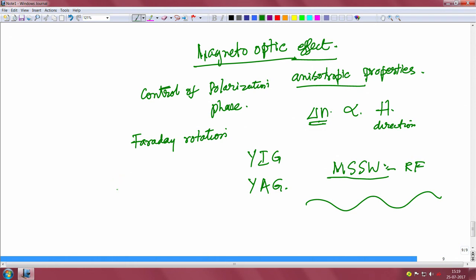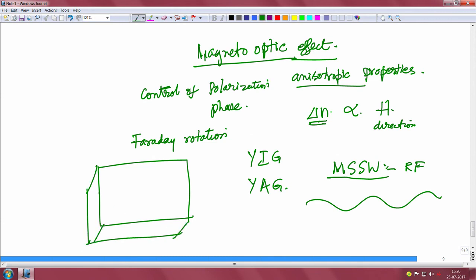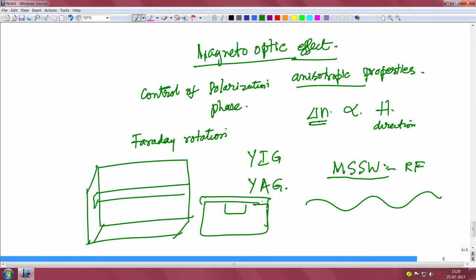Another important way that we can use this magneto-optic effect is to coat a magnetic medium on top of an optical waveguide. Let us assume this is an optical waveguide. In cross section it is like this, and you can coat a magnetic medium on top of that. This may be an isotropic medium where it may not affect the optical properties much, but this could be a magnetic medium.